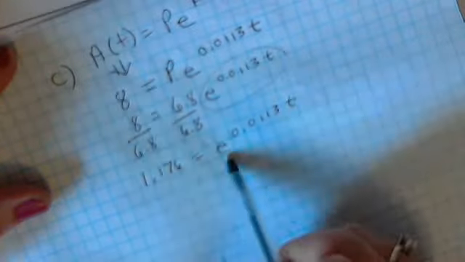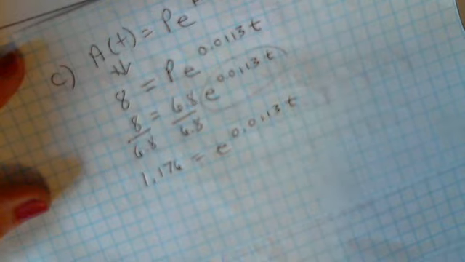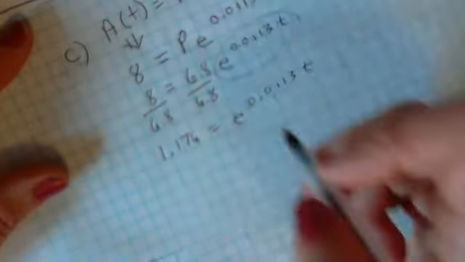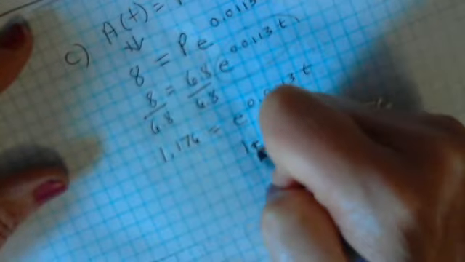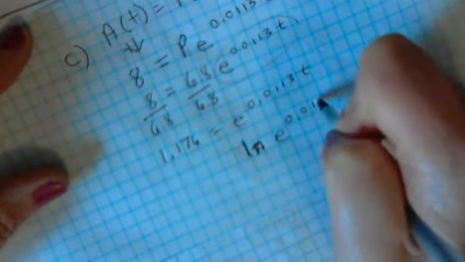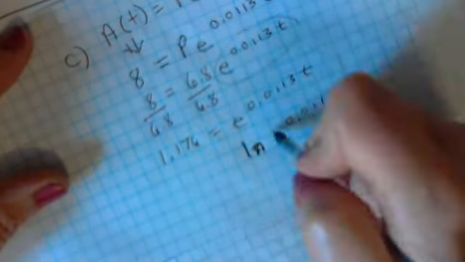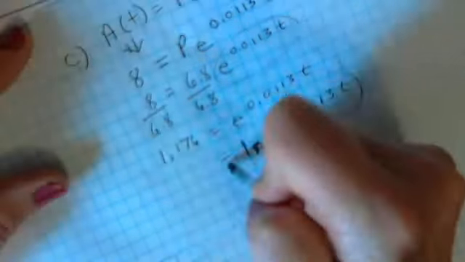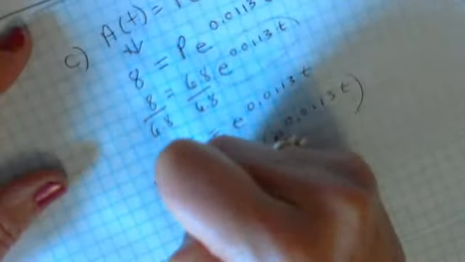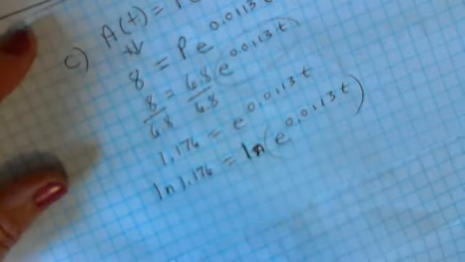In this case, because it's e, I'm going to put it in ln form. I'm going to take the ln of both sides. So here's what I do. If I take the ln of e, these two things, as you know, they share the same key on most of your calculators. So if I take the ln of e, it's going to undo e. What I do on the other side is the same thing. I have to take the ln of 1.176. What I do to one side, I do to the other.